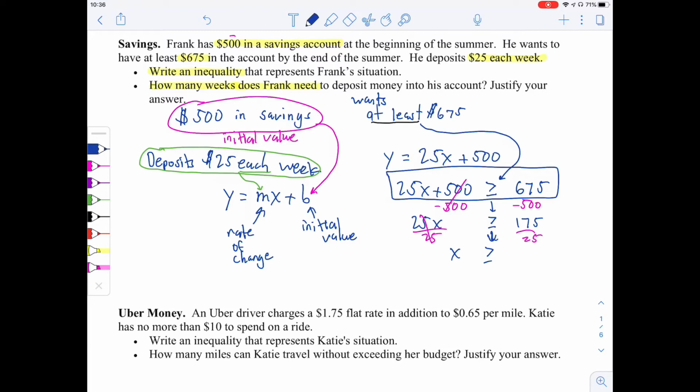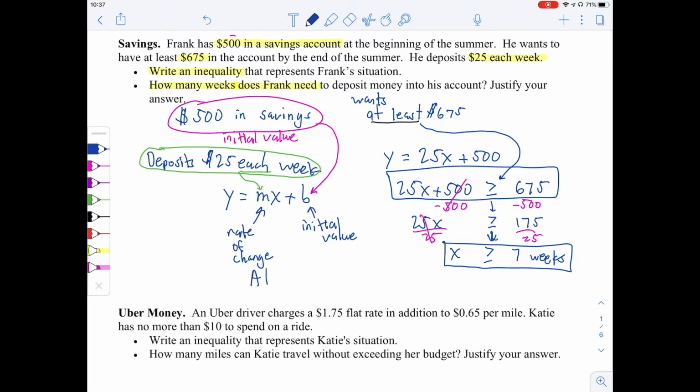How many quarters in $1.75? 7. So x is greater than or equal to 7 weeks. How many weeks does Frank need to deposit money into his account? At least 7 weeks.